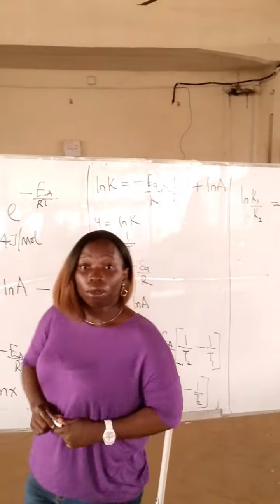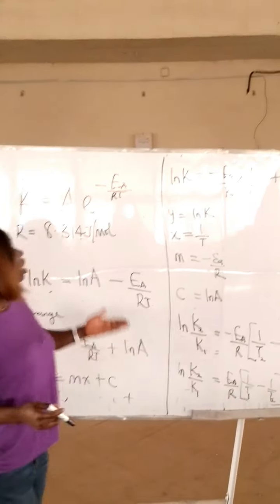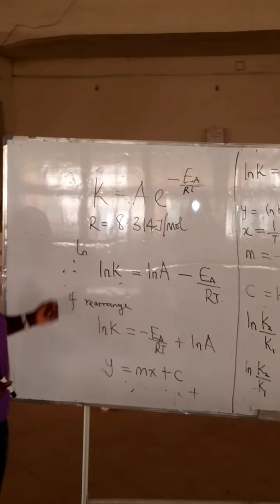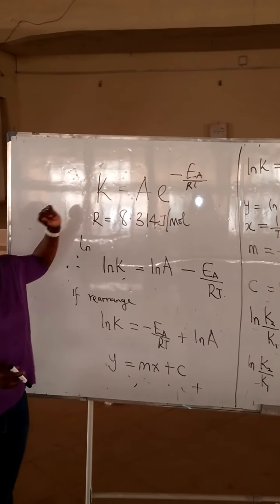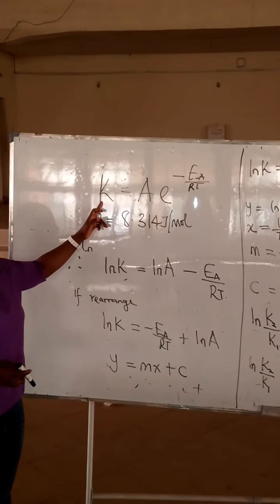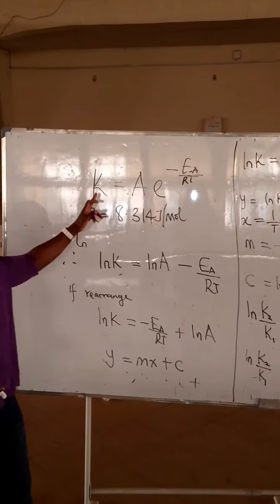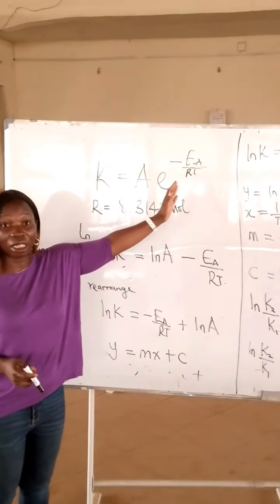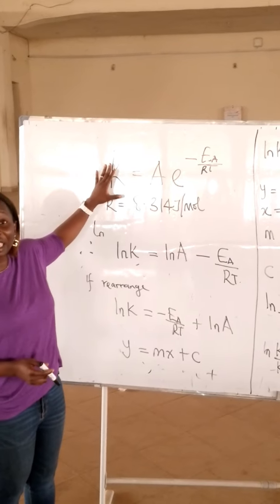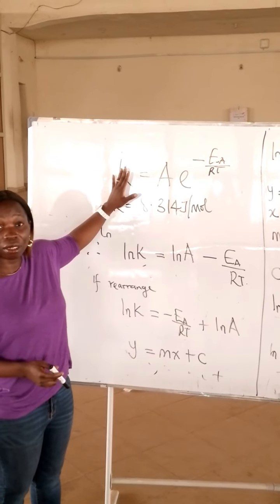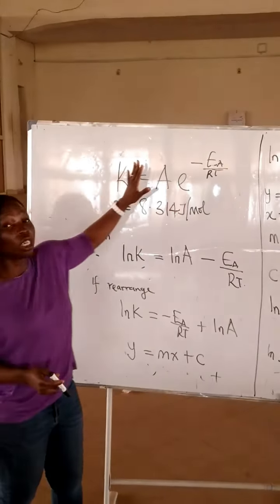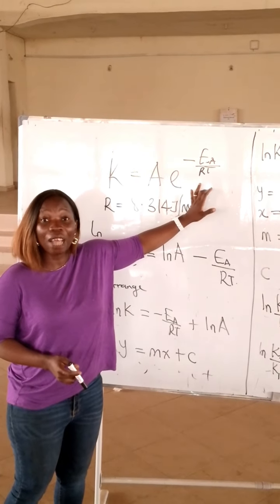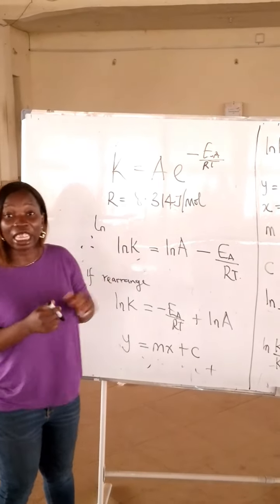Now, the definition of the terms in the Arrhenius equation. From this equation, k, that is the rate constant, varies with what? Activation energy. If the rate constant increases, it means your activation energy will decrease, and that will lead to the temperature increasing.